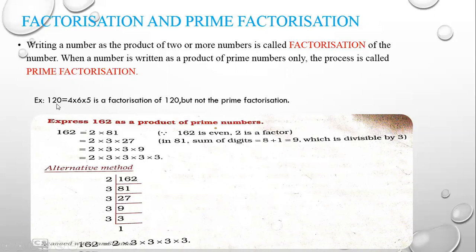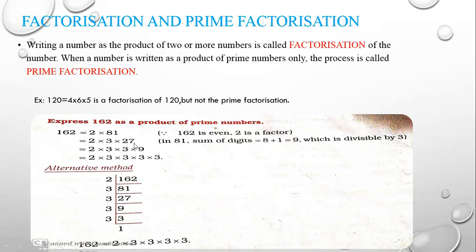For 120, if you find the factors you will get 4, 6, 5. So this is a factorization of 120, but this is not known as prime factorization. What is prime factorization? When a number is written as a product of prime numbers only, then that process is known as prime factorization.